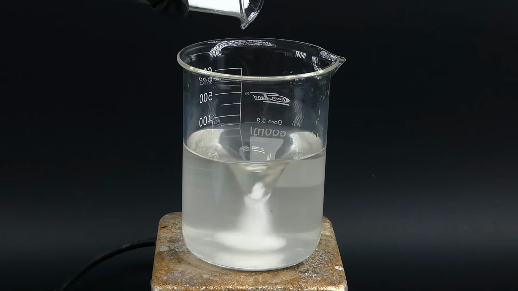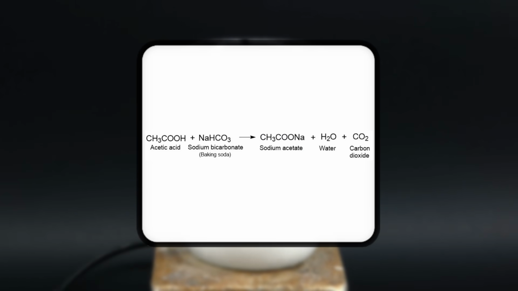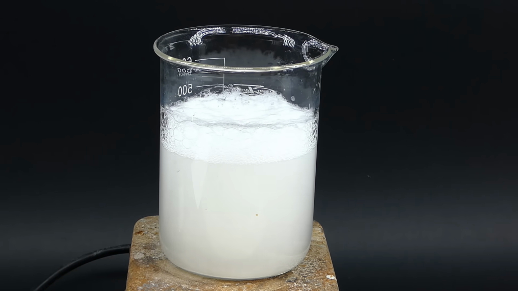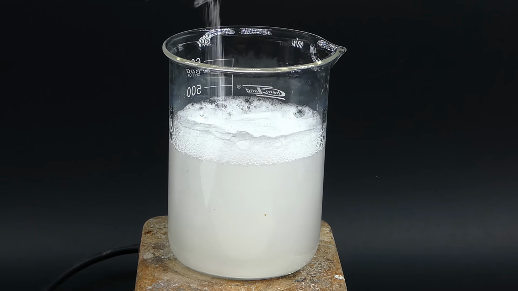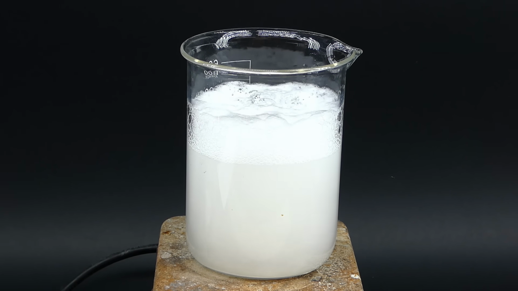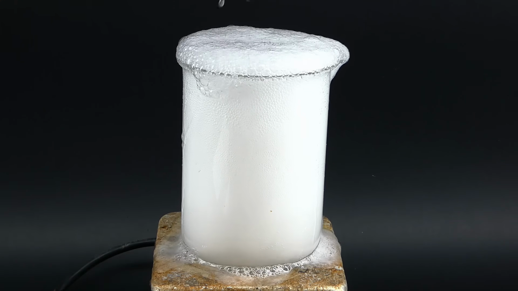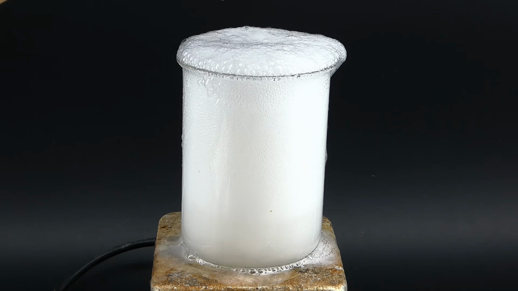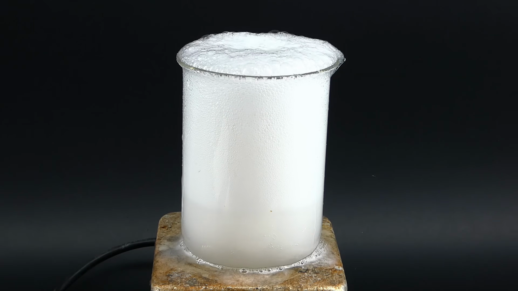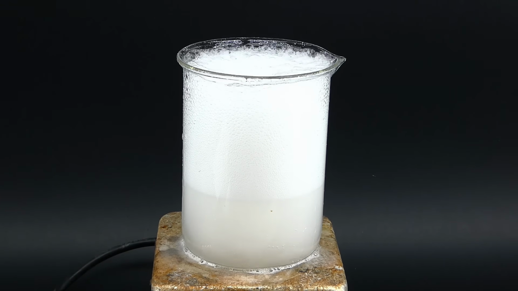Its addition generates a lot of carbon dioxide, as you can see in the reaction equation, and this in turn makes a ton of foam, which can very easily bubble over and is a pain to clean. For the most part, everything went pretty smoothly, but at one point I of course added a little too much of the baking soda, and the whole thing overflowed, ruining all of my ratios, and what's even worse, flooding my hot plate.